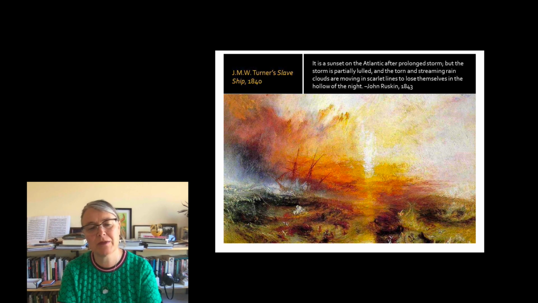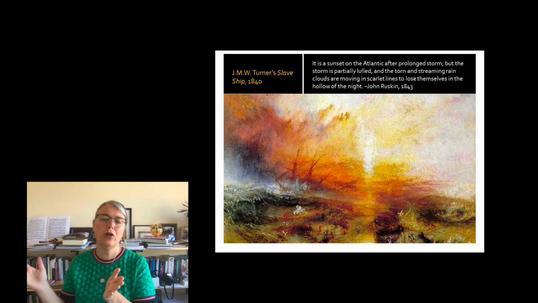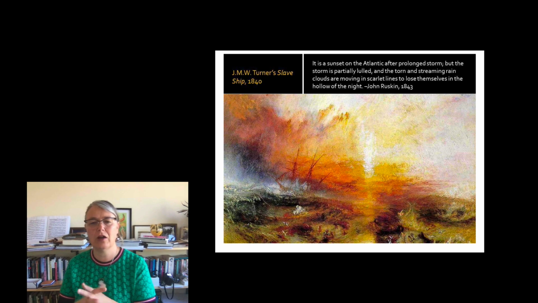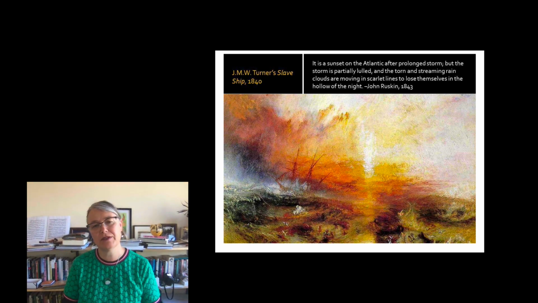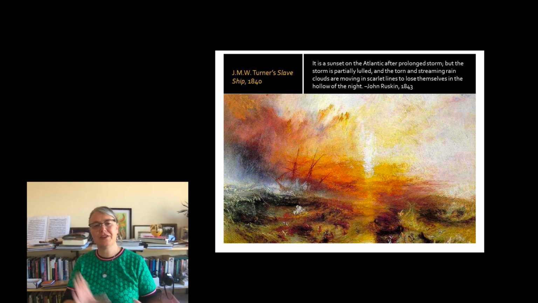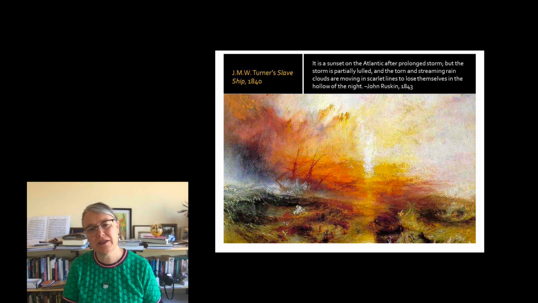The slave ship, the Zong, threw overboard a number of the slaves in order to survive the storm, but also in order to claim insurance. So it's a long and complex actual story that Turner illustrates.